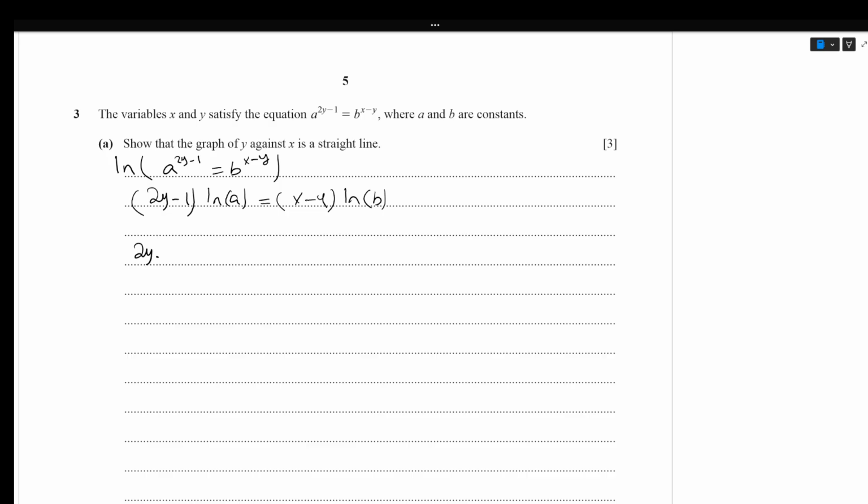You have 2y ln a minus ln a is equals to x ln b minus y ln b, 2y ln a plus y ln b is equals to x ln b plus ln a.